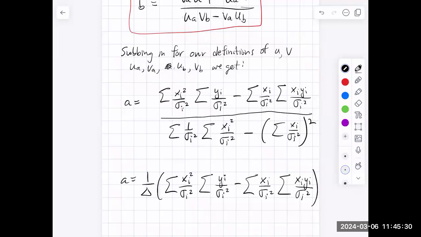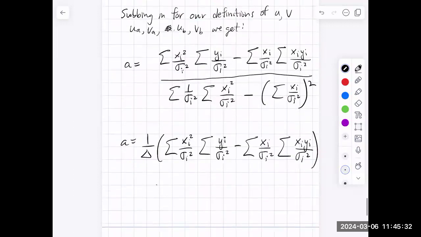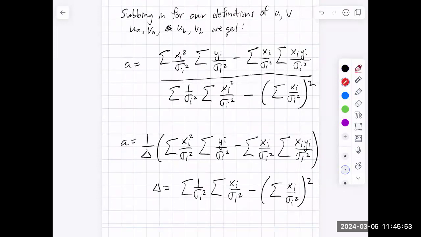Okay, so that's A, where delta is just the denominator. So it's 1 over sigma i squared, xi over sigma i squared minus the sum of xi over sigma i squared, all squared.